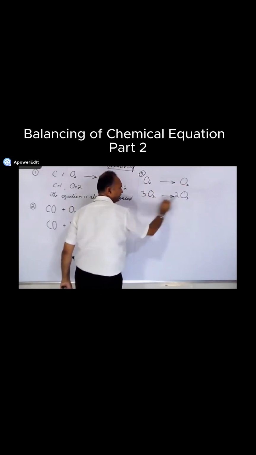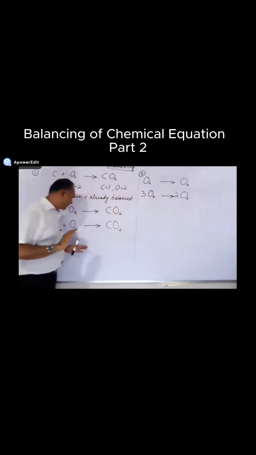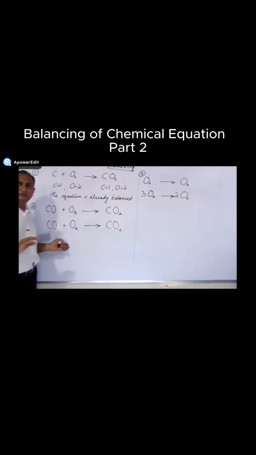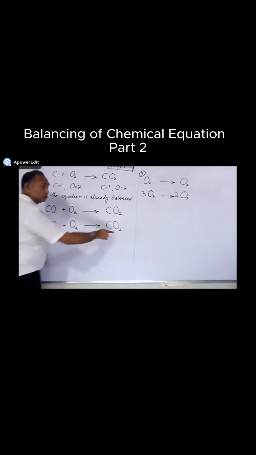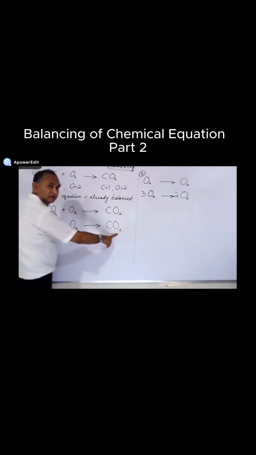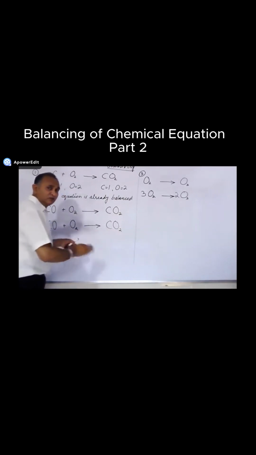Now 3 2s are 6 oxygen, 2 3s are 6 oxygen. Look at the board, this one. 2 plus 1, 3 oxygens. 2 oxygens. So 3 and 2 consecutive numbers. So 2 should be multiplied from this side, 3 on that side.